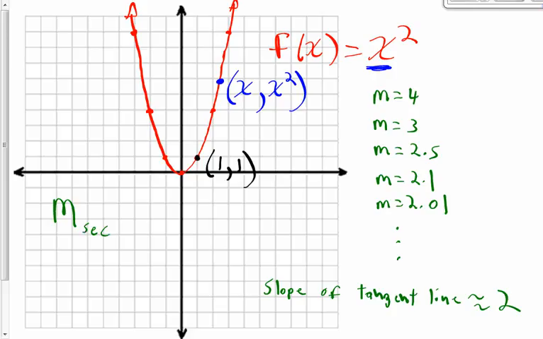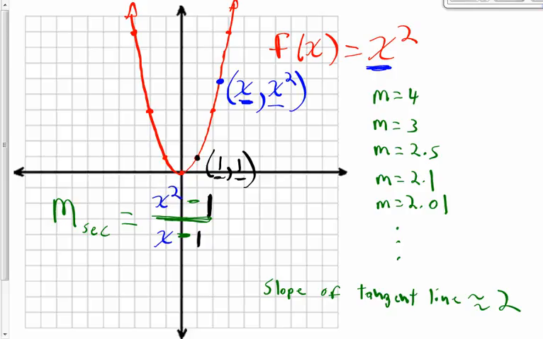The slope of the secant line, as far as these two points are concerned, the blue point and the black point, is going to be y2, which is x squared, minus y1, which is 1, divided by x2, which is actually x, minus x1, which is also 1. So this would be the slope of my secant line.